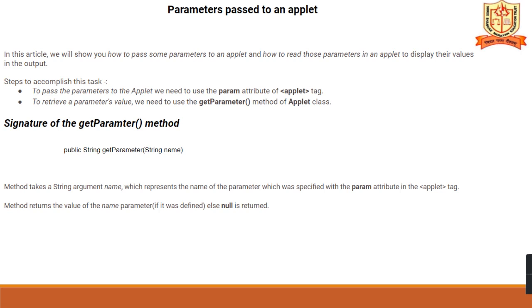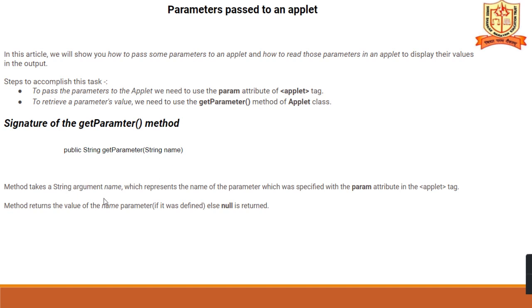For example, to retrieve the parameter's value, we need to use the getParameter method of the Applet class. What is the syntax of this signature? Public String getParameter, you have to pass the string name.